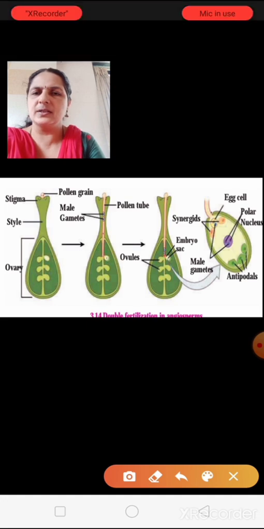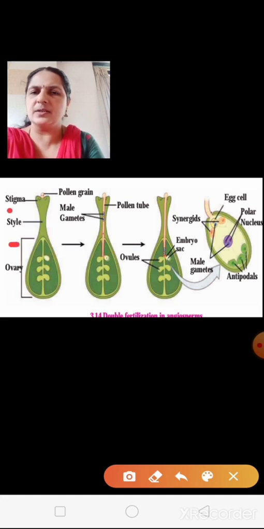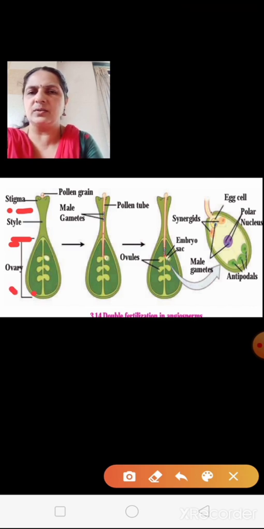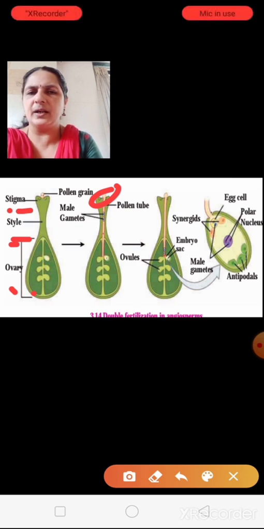See, this is the stigma, style and ovary. And here you can see the pollen grains. When they stick to the stigma, a long tube is formed, called a pollen tube, and it carries two male gametes to the ovules over here.